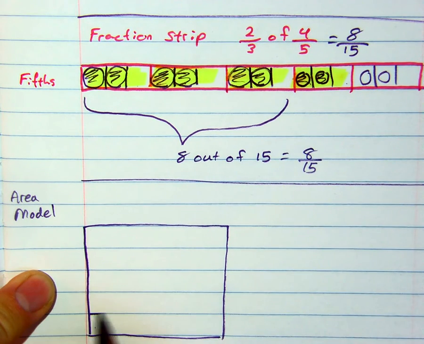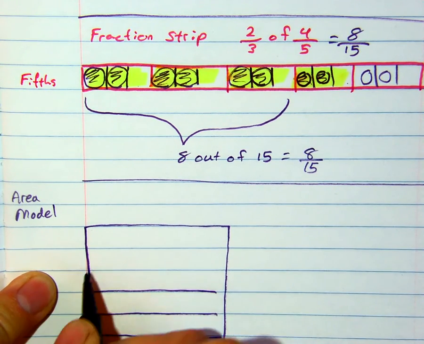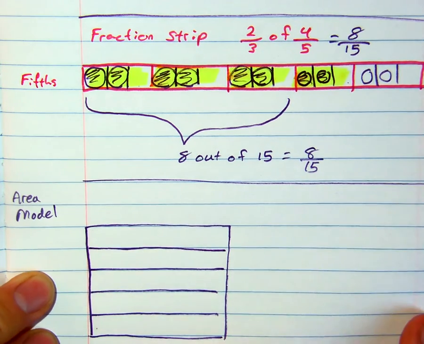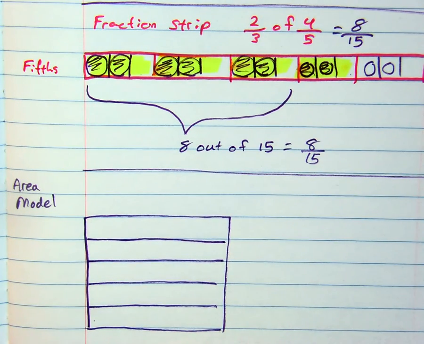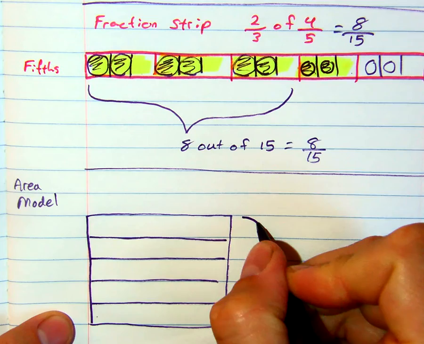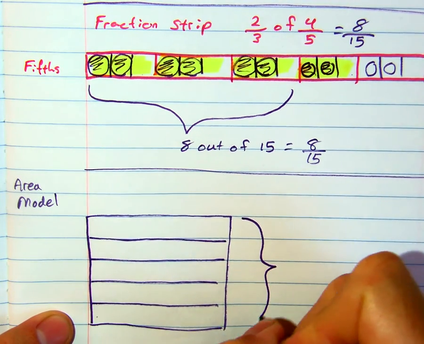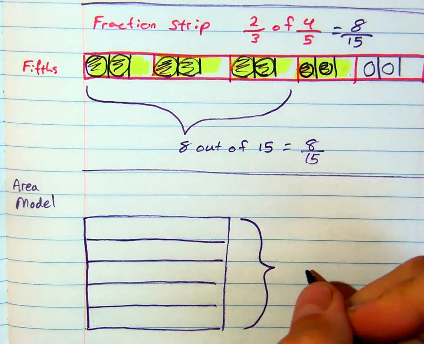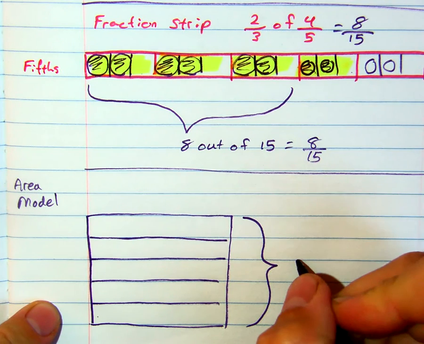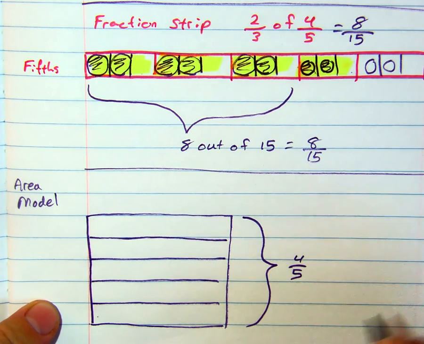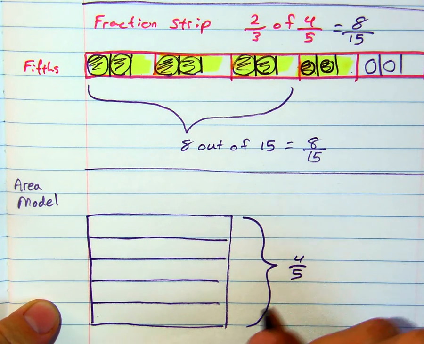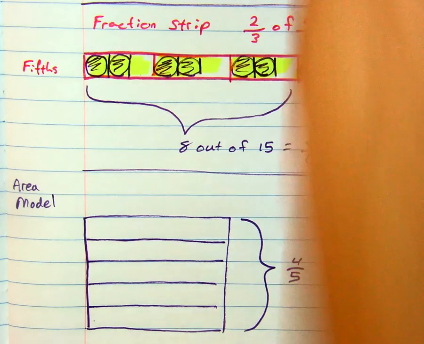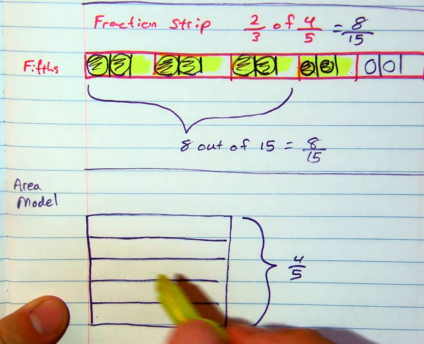I have 5 rows. This could be columns, but I'm using the line paper to help me. So this represents my 4/5. So remember, my denominator tells me the total. So I have 1, 2, 3, 4, 5 total rows. And I'm going to come through and I'm going to highlight 4 out of 5 of them.